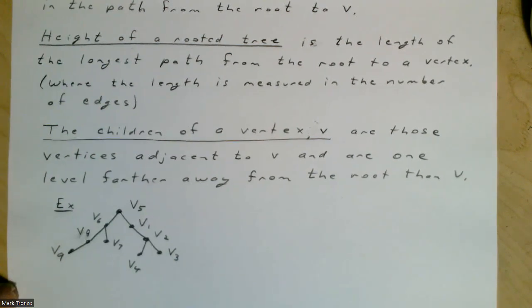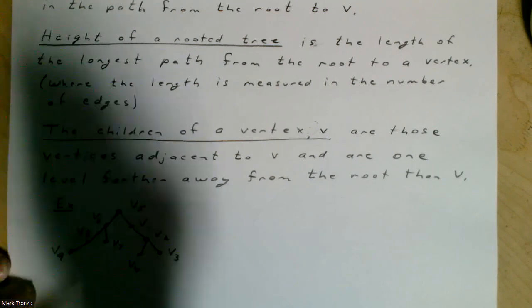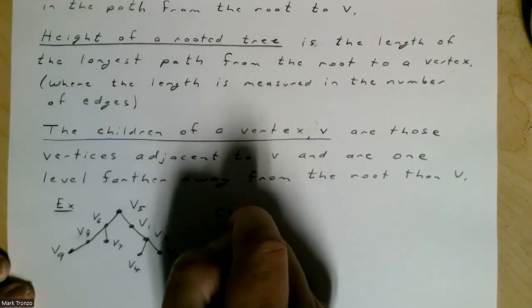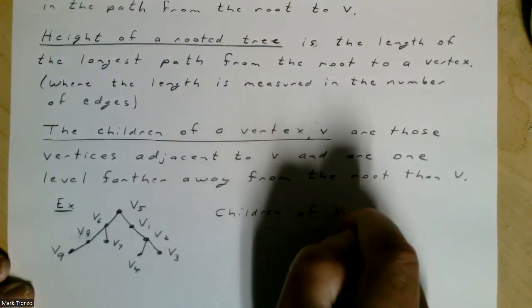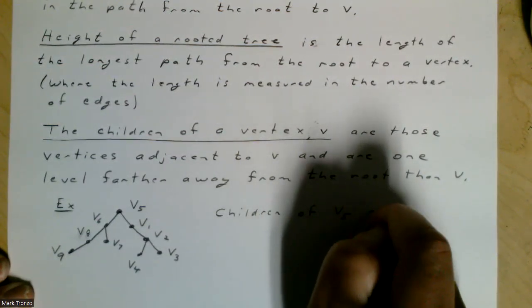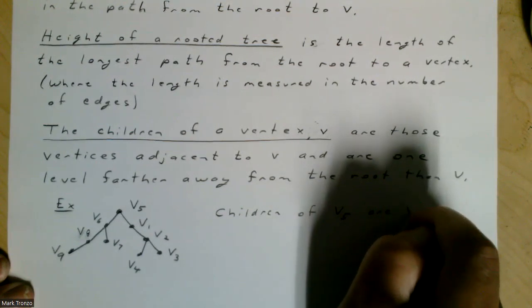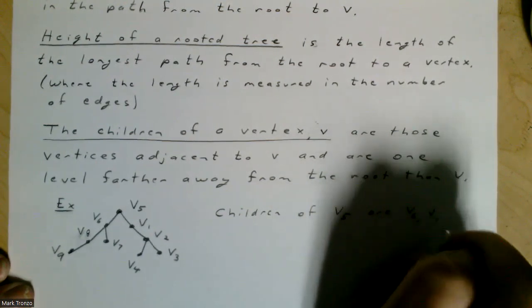Once again, the children of V5 are V6 and V1.